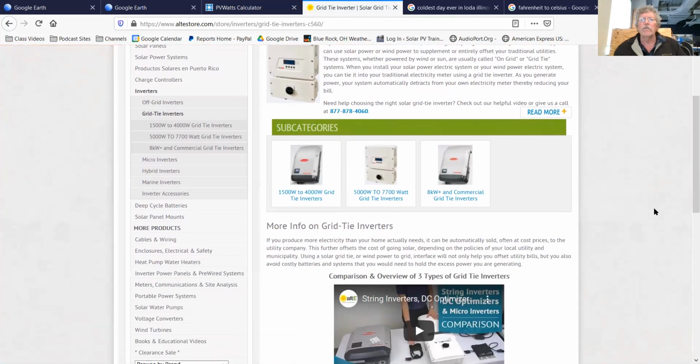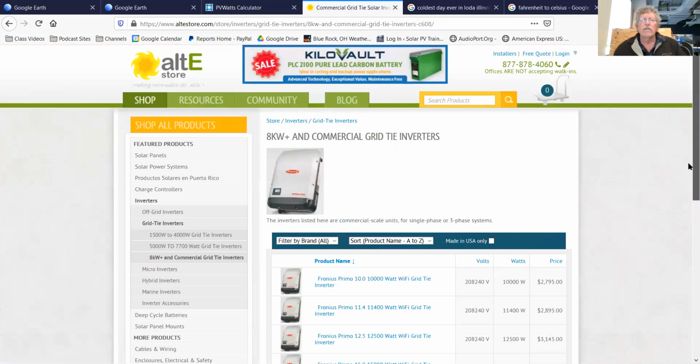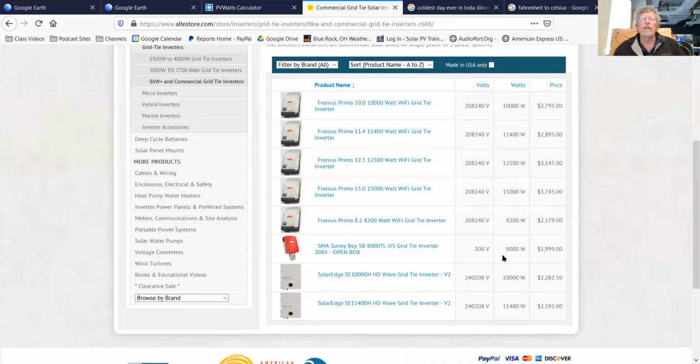I'm just going to do a straight grid-tied. So this is saying 8 kW or bigger is considered commercial size. So just to see what they might have here, they've got a Fronius 15. That looks like the largest one there. Or I could go with 2 Fronius 10s.